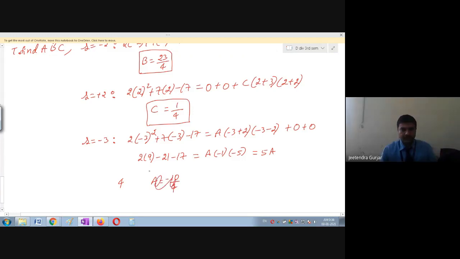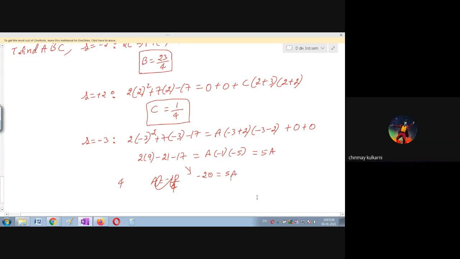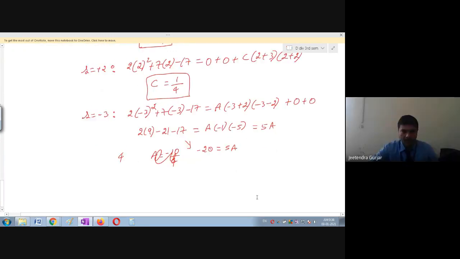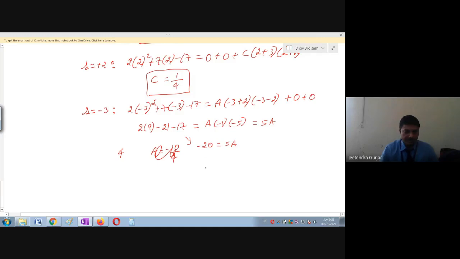Okay, we'll just see. So LHS, you can see this LHS is minus 20 is equal to 5A. Am I right? So minus 4 answer. So therefore A is equal to minus 4.